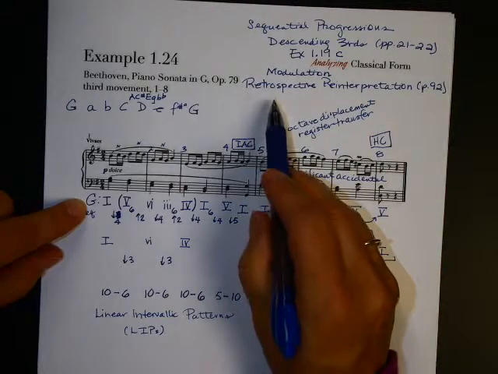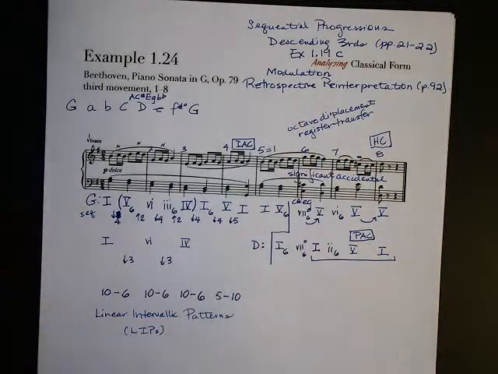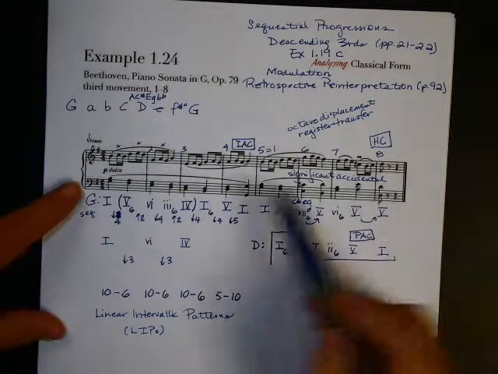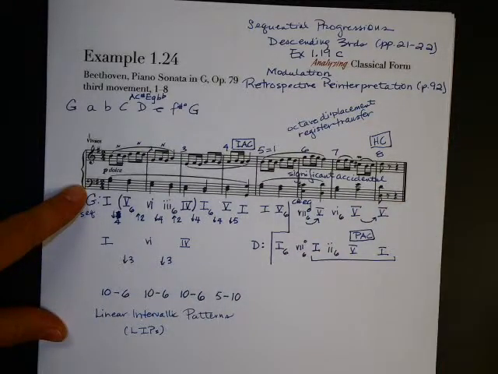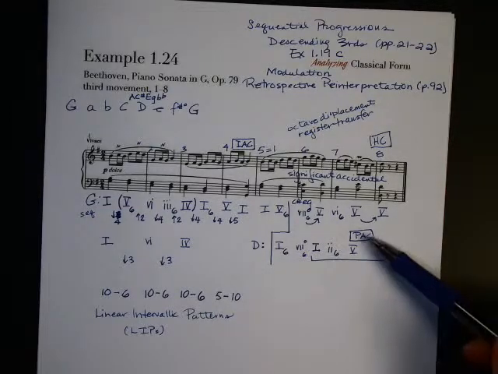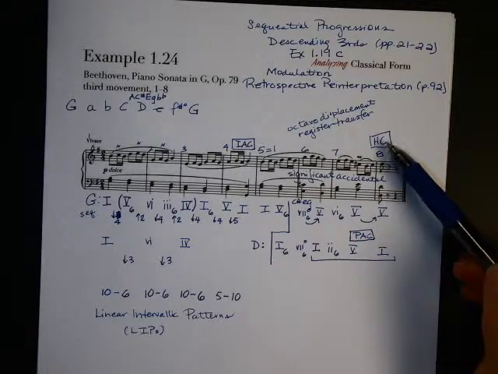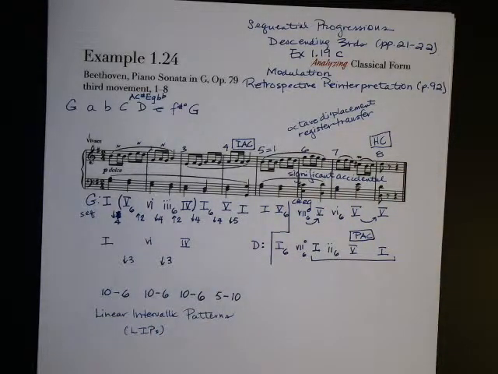Retrospective means not in the moment, but after the fact. So that as this excerpt, if you were to continue listening, it would be after hearing measure 9 and moving forward that you would retrospectively reinterpret the modulation, the perfect authentic cadence in D major, as really a half cadence in G major. We'll study more about retrospective reinterpretation as we move into chapters 2 and 3 and beyond.